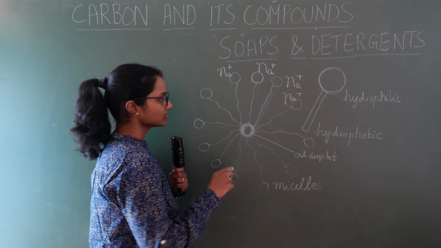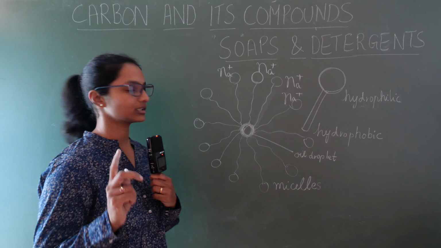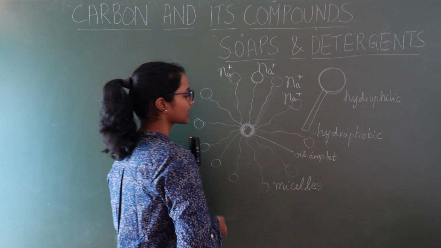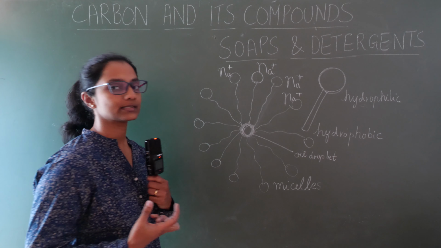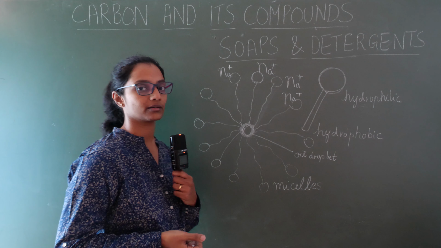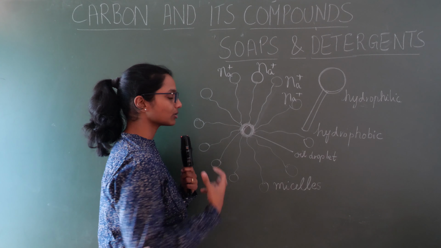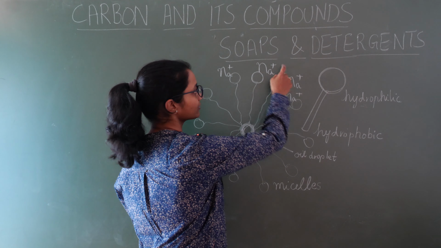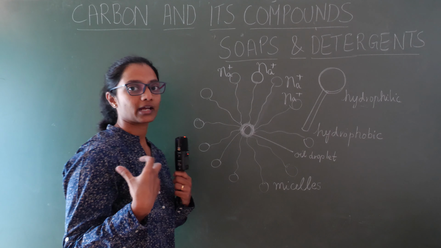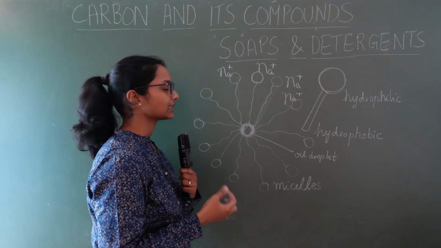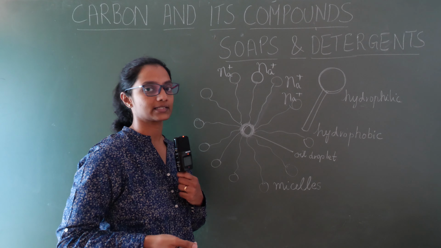So this is how the soap helps in removing the dirt. They form many micelles, and these micelles remain in a colloidal state in the liquid, because they don't form a precipitate, because of the ion repulsion.